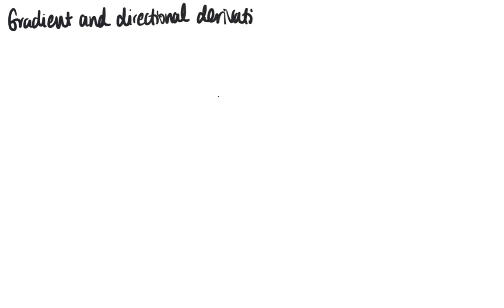Okay, so we're going to talk about the gradients and directional derivatives. Okay, and so a way to think about what we're doing here is you think about having some sort of 3D surface, and then you have some direction.